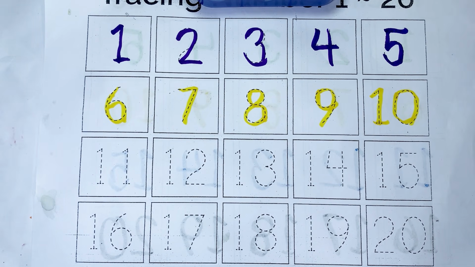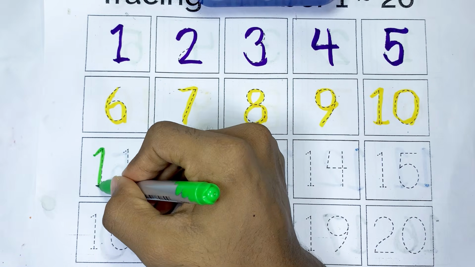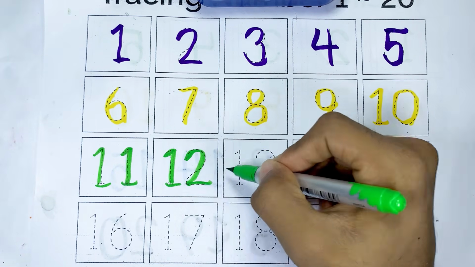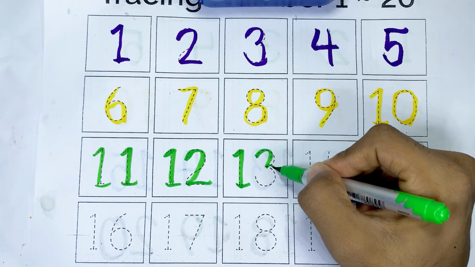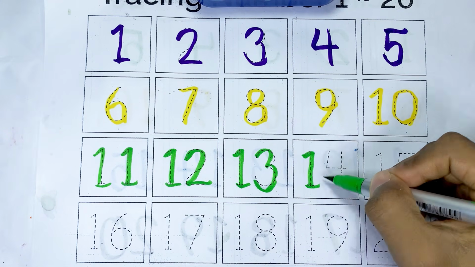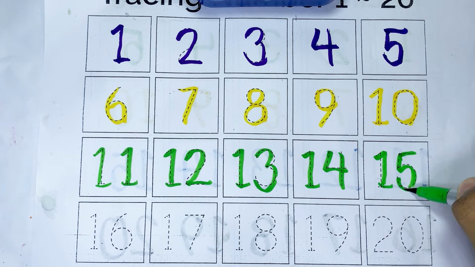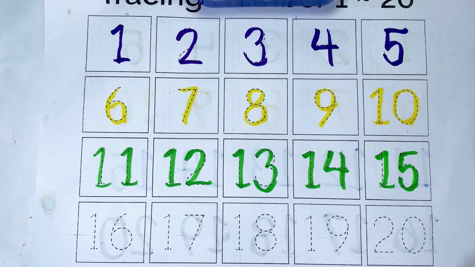Kids, now you draw 11. The numbers of 11, 12, 13, 14, 15. Kids, now you draw 16.